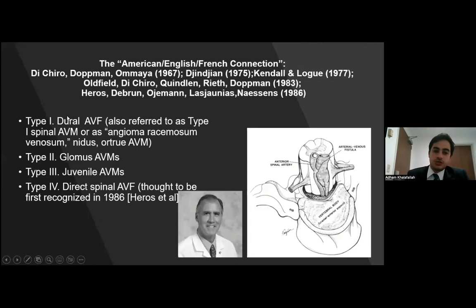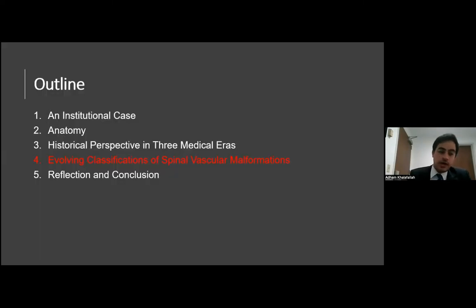Type 1 was explained as the dural AV fistula, also known as type 1 spinal AVMs, type 2 is glomus AVMs, type 3 juvenile AVMs, and type 4, which was first recognized by our professor, Dr. Harros, in his case report in the Journal of Neurosurgery, where he added this new explanation of direct spinal AV fistulas, which was not included. I'm going to go through each classification in detail to understand how they differ, how we've developed, and how we've evolved.